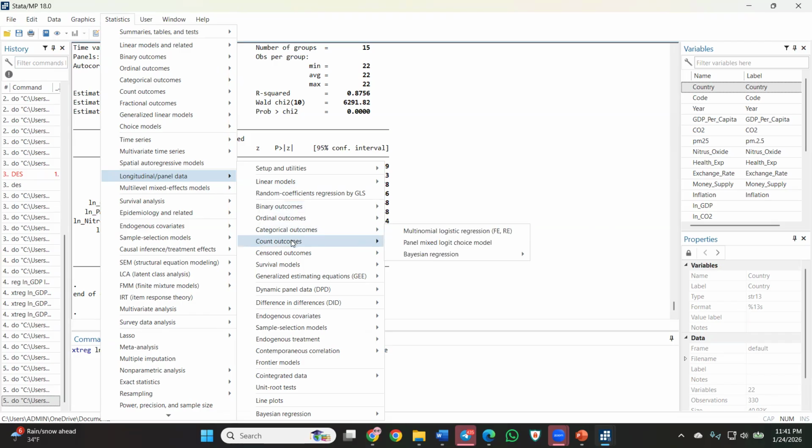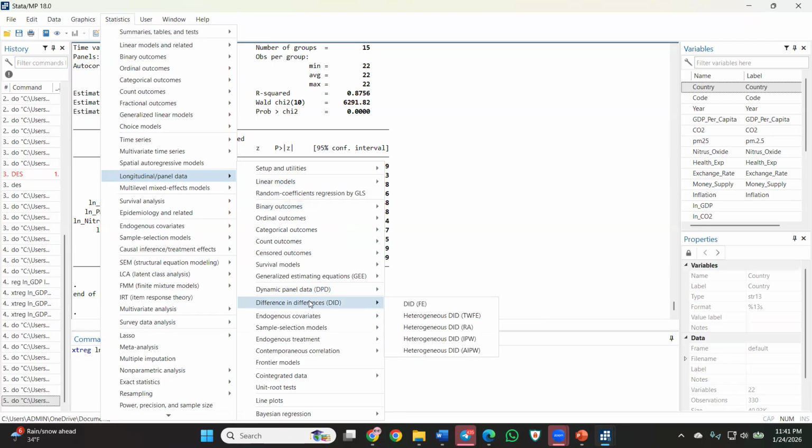We are not dealing with binary. Censored. These are all models. Dynamic panel, so this is GMM models. We will get there. We are not there yet. Then we have DID models. We have endogenous covariate sample, frontier, co-integrated data. Unit root is here. You can test your unit root without using codes.